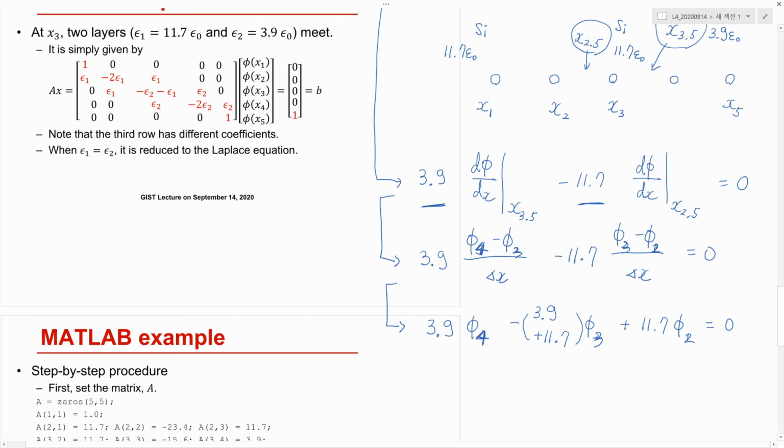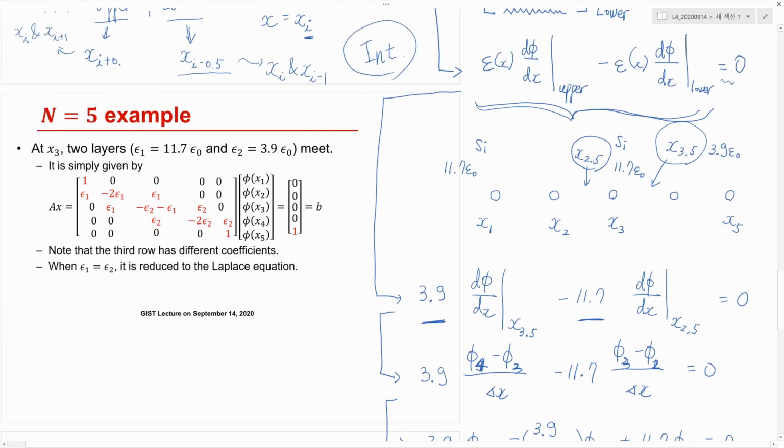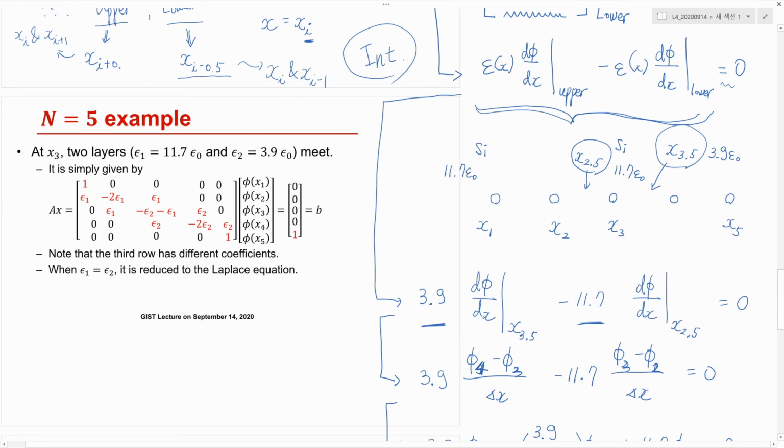So, simply speaking, now we can come back to our slide, and here you can see that this is the matrix for our Poisson equation. So please have a look at this second row and fourth row. In this case, we have the same permittivity for upper bound and lower bound.